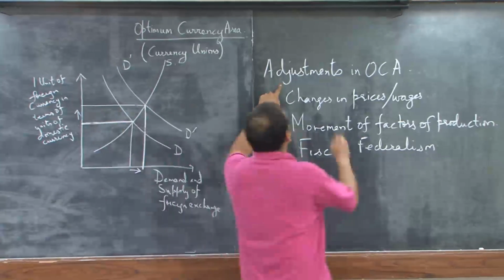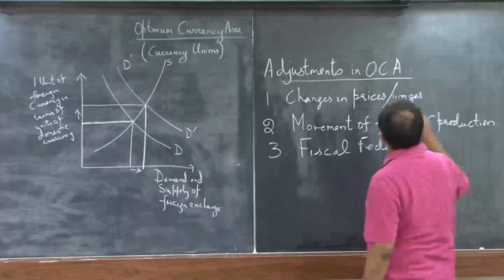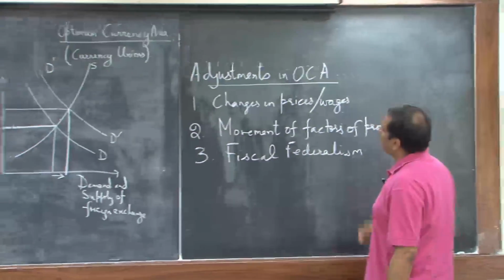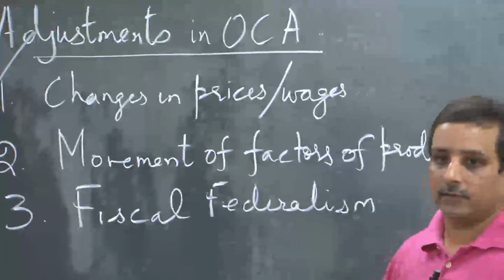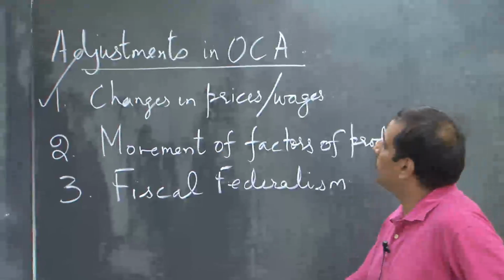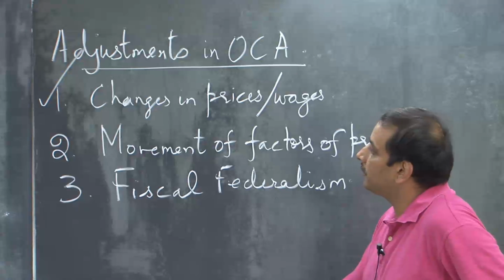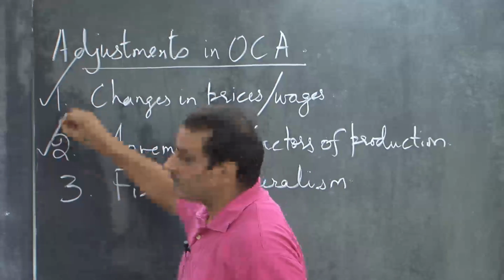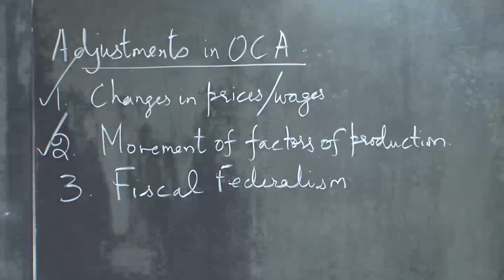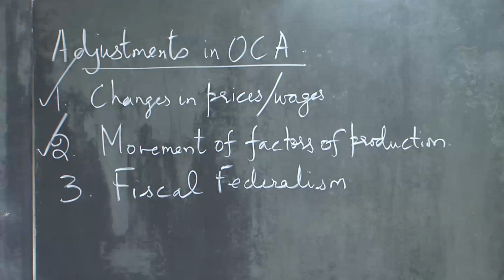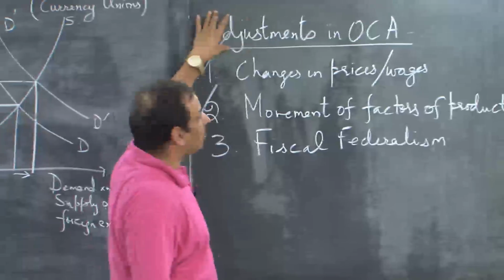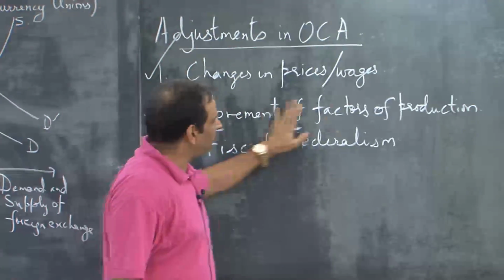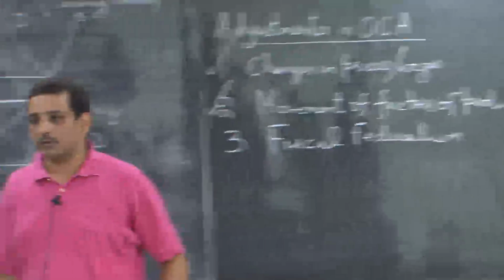So, the adjustments in the OCA will take place if there is price flexibility, if wages and prices are flexible. Second, because generally it is observed that prices are sticky, it would be an advantage for a country to be part of an OCA if you have free mobility of factors of production.